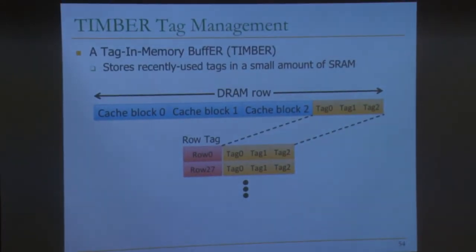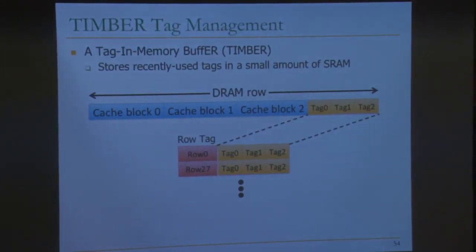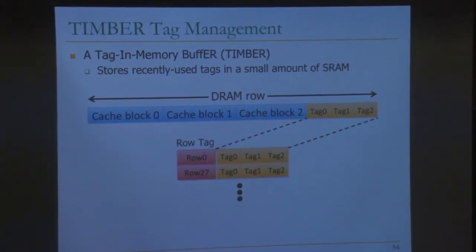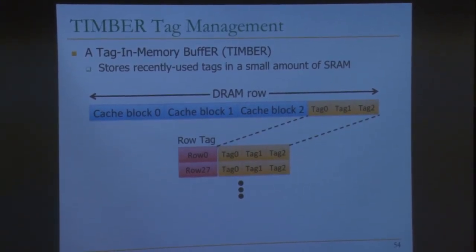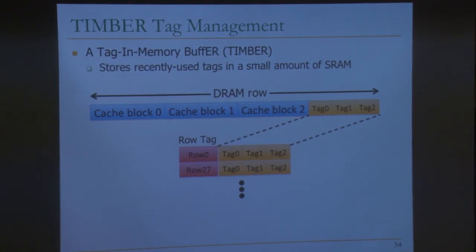OK, so tying everything together. This was called TIMBER. It stands for Tag and Memory Buffer, and it stores recently used tags in a small amount of SRAM. That's what we went over. So the device itself is just this tiny buffer, this tiny amount of SRAM, and it caches these tags.